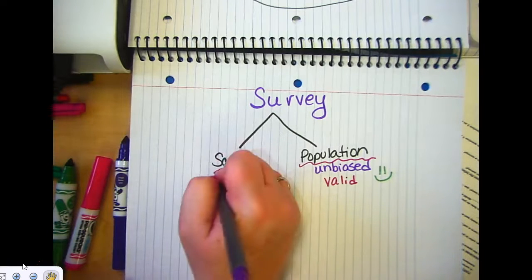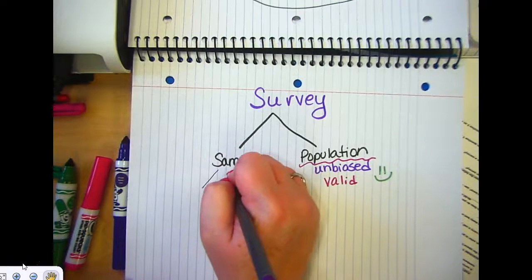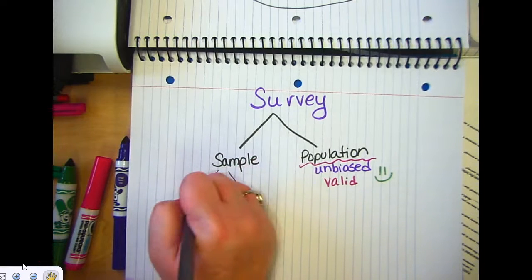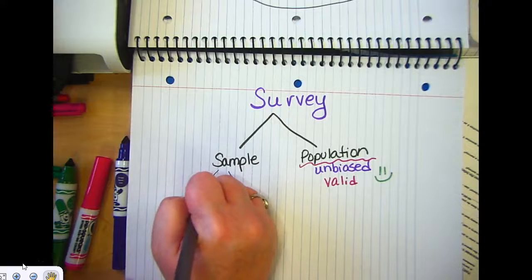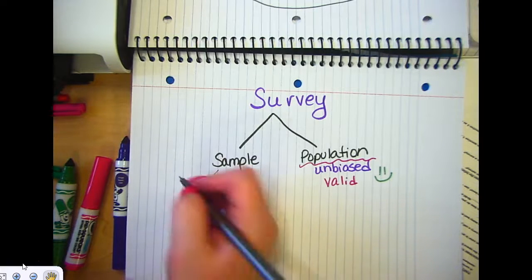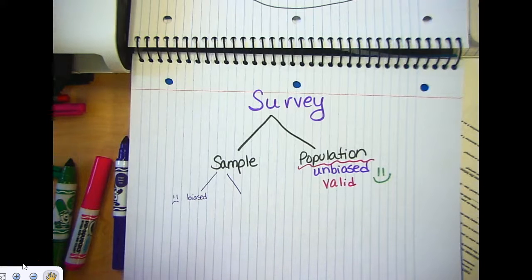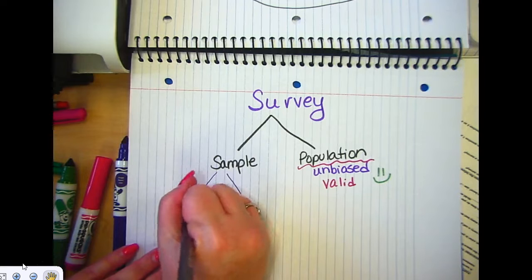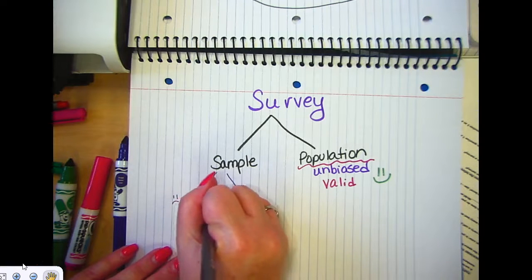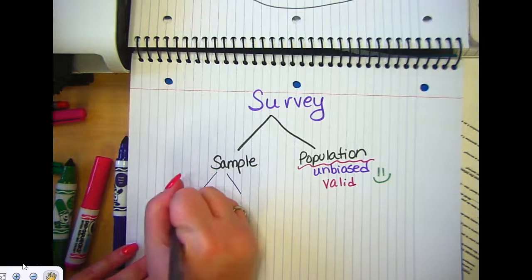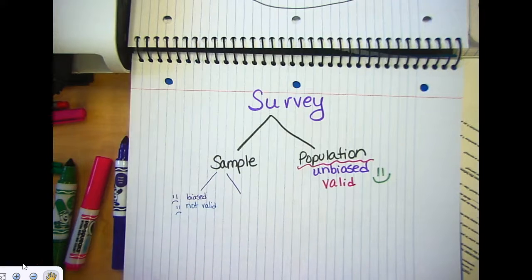So we're going to create a flow chart to help us look at that. So biased, is that good or bad? Do you remember? Bad, frowny face. You can collect biased data or not valid. We're going to look at the ways that make it biased and not valid. Frowny faces.